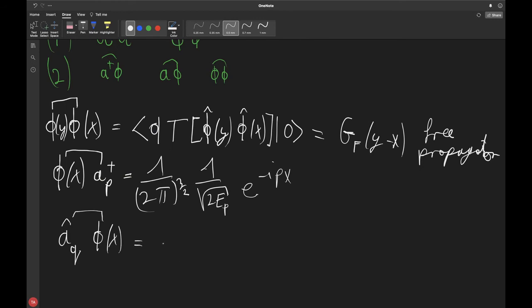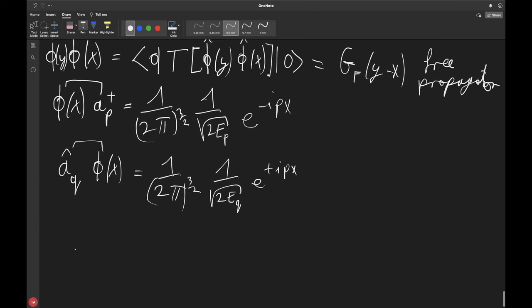That leads to the same factors. The p becomes a q, and the exponential term will be a plus ipx. And then the last thing is that we can contract a_q with a_p dagger.